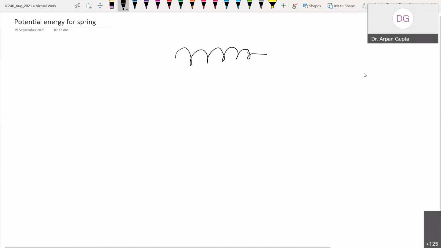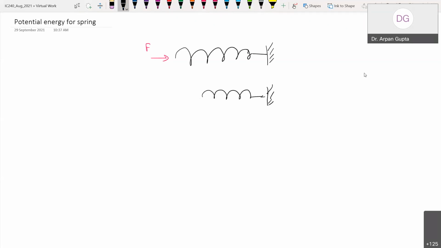We represent it something like this. So let's say this is the spring, and we apply a force F. Currently it is unstretched, and we are applying the force very, very slowly. After applying the force F, it gets, let's say, compressed and becomes something like this. So F is increased gradually, right?